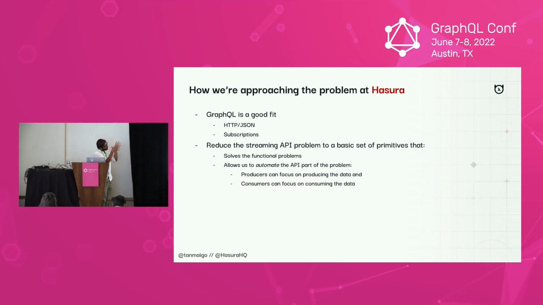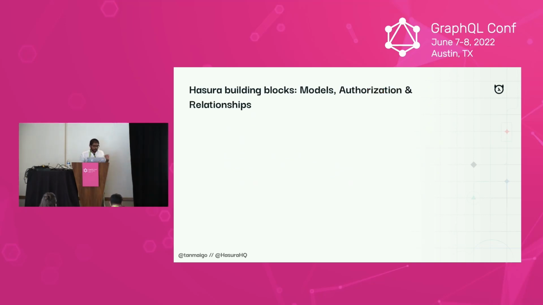And the stuff that I talked about in the middle, the problems with consumption and the problems with serving, that piece is automated. So we don't want to interfere with the way the stream is modeled, but we do want to automate the thing that does the streaming and how that streaming happens, right? That's the point at which we want to take care of the problem, and I'll show you what and how we thought about that.